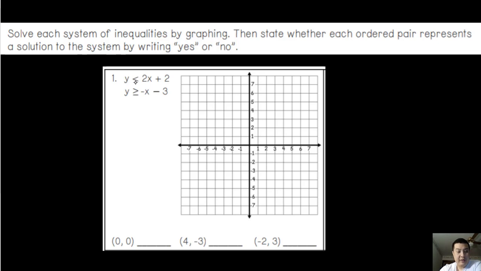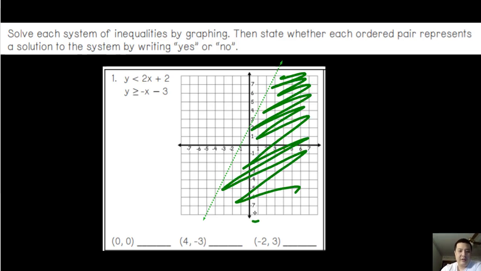because this does not have an underline right here, we're going to use a dotted line. Remember that? So it's going to be a y-intercept of 2 with a slope of 2, so our line should look something like this. And it says that y is less than that, so we're going to be shading towards this area. So we're going to shade all of this over here.